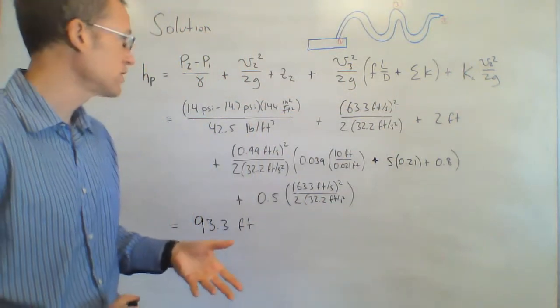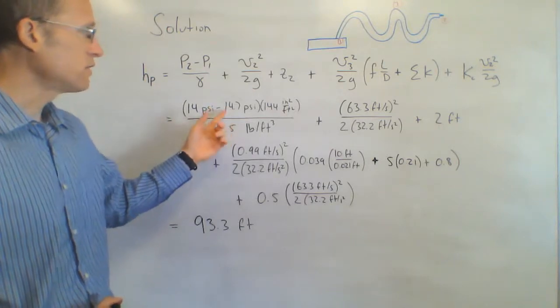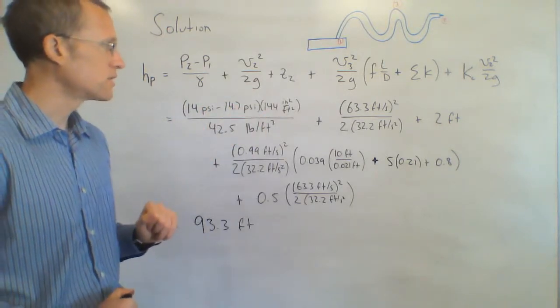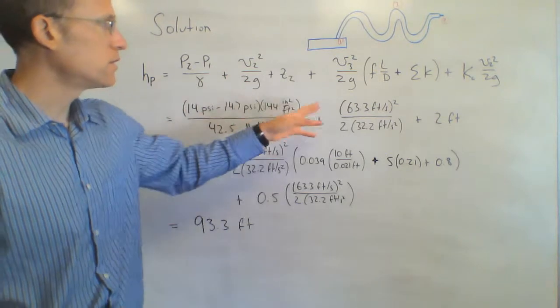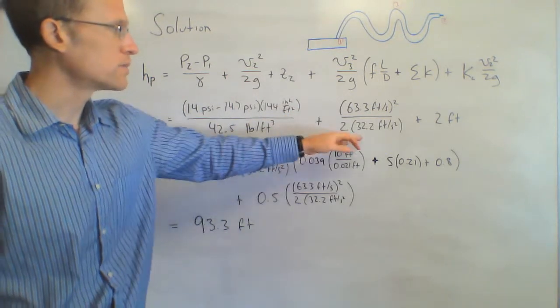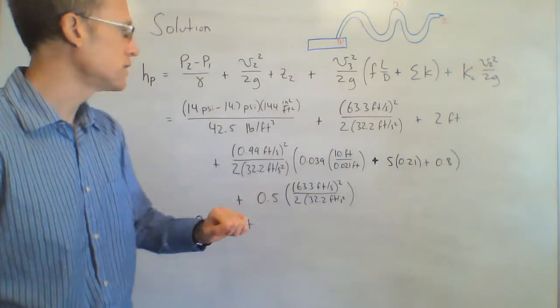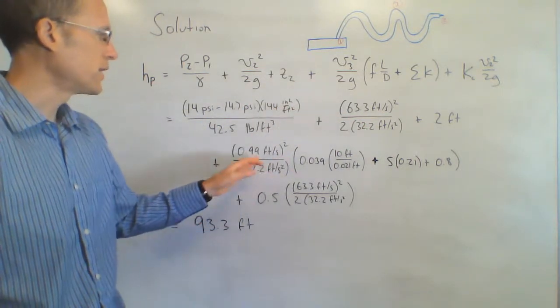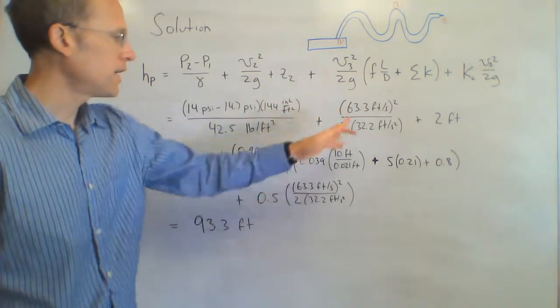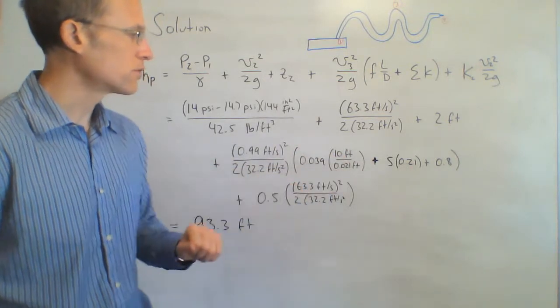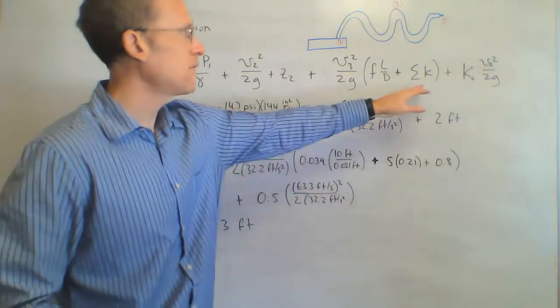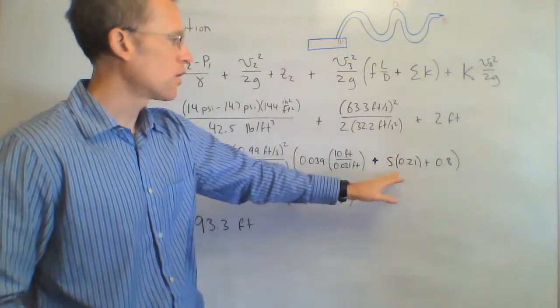So putting all those numbers in, 14 minus 14.7, convert that into psf, multiply by 144, divided by the gamma value, V2, 63.3 squared over 2 times 32.2, Z2 is 2 feet, and then V3, 0.99, f value, 0.039, length of 10 feet, diameter, 0.021 feet, and then all my K values that depend on V3 are my smooth bends.